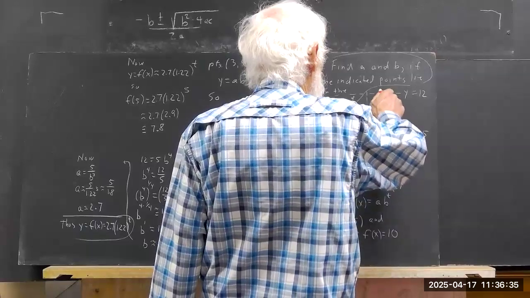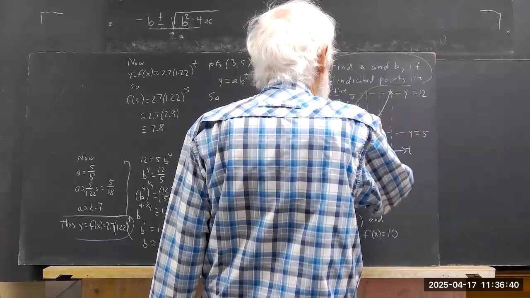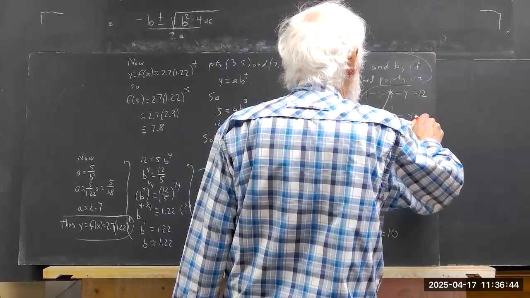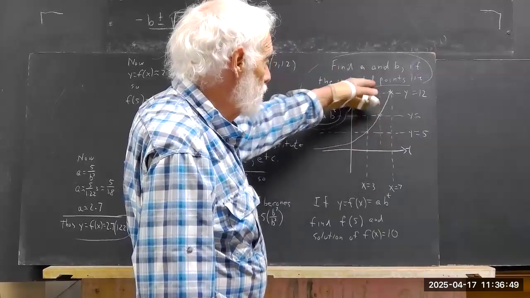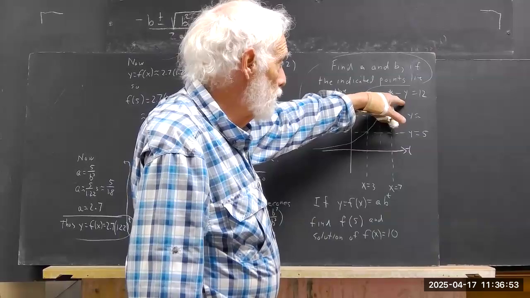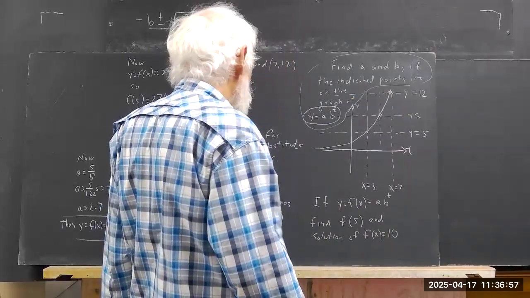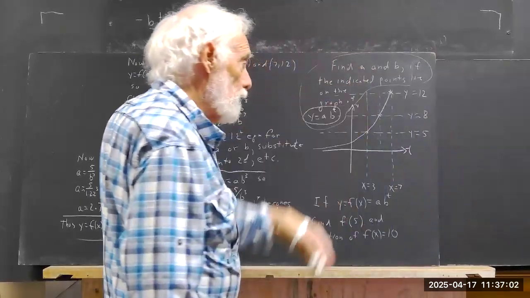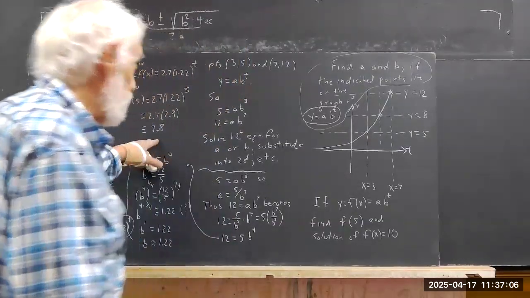So if x is 5, which is halfway between 5 and 12, y approximately equals what? Well, it's not halfway, because the way this curve dips down, halfway between 5 and 12 would be 8.5. I'm going to say that y should be about 8, because it isn't that far below the midpoint.